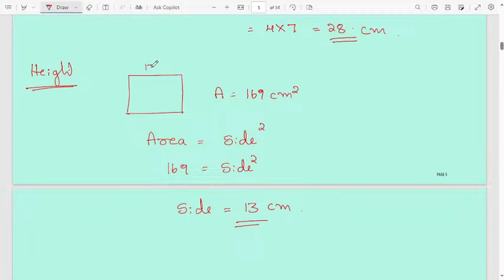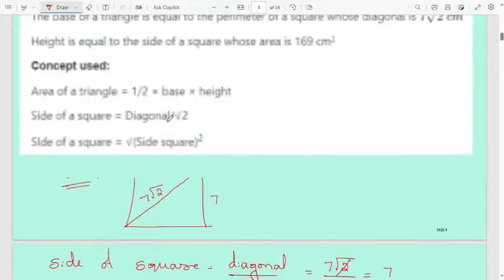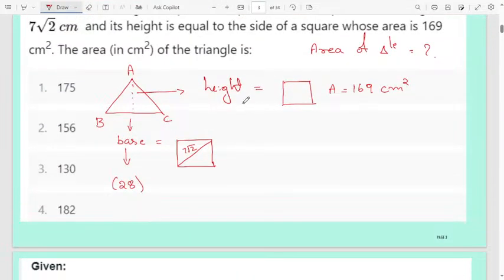Then this side length will be 13, 13, 13, because in a square all the four sides are equal. Then now you got the height of the triangle here. The height of the triangle here will be 13 centimeter.